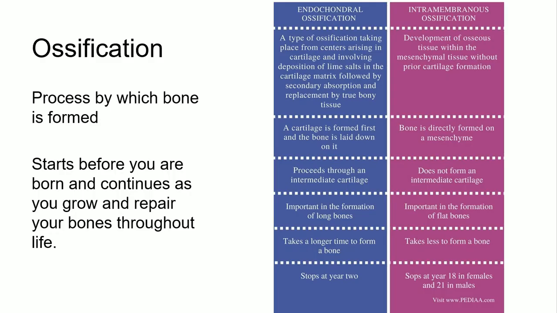So know the difference there, okay? So it takes longer time, stops at year 2, takes less time, stops at year 18 years old and 21 years old. That says stops. Oops. Add a T. Stops. Okay. So know the difference. And we're going to talk about each.